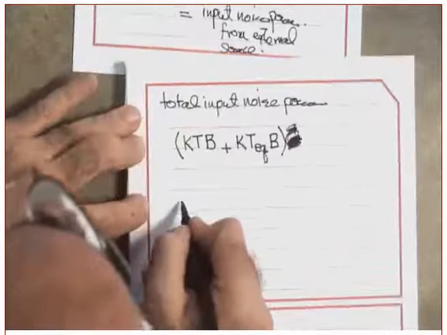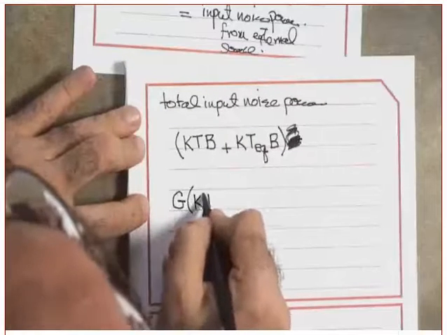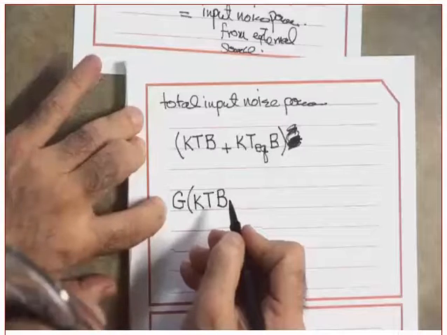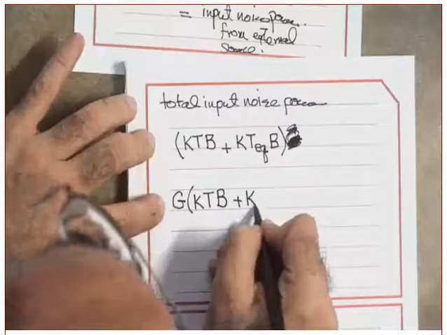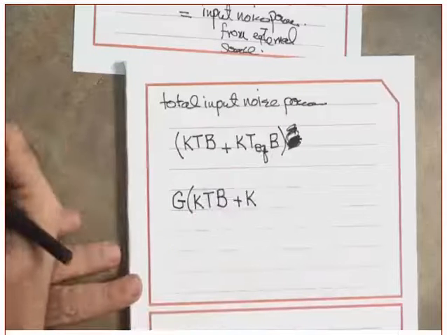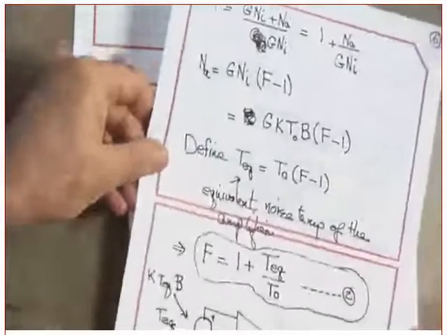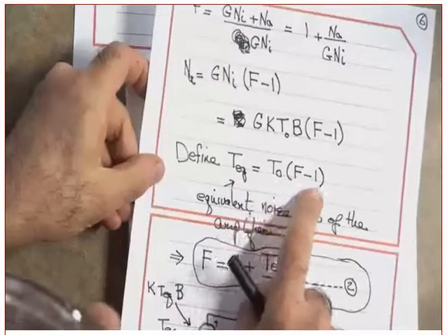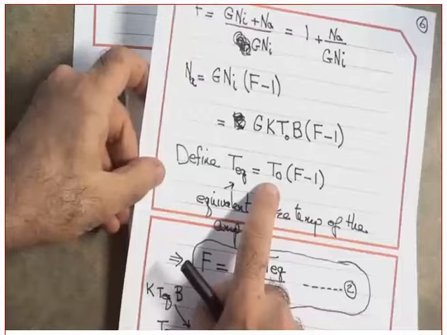So now what do I have? G times what? In a minute I will replace the G by 1 over L. For the time being, just write the G. k, T. What is T equivalent? It is T0 times F minus 1. Is this T0 or is it T? This is T0.